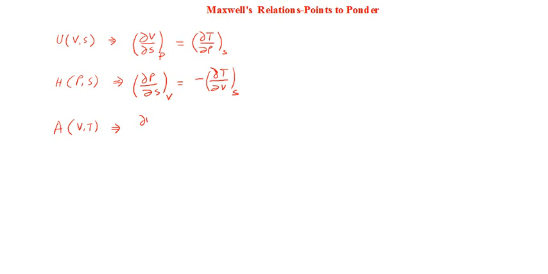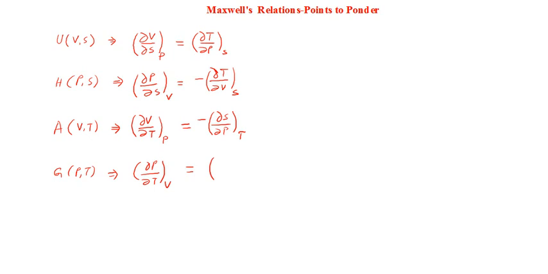Try writing dou V with respect to dou T at constant pressure, that's equal to minus dou S with respect to dou P at constant T. And the fourth one is G, with P and T. That's dou P with respect to dou T at constant V is equal to dou S with respect to dou V at constant T. So these are the equations.